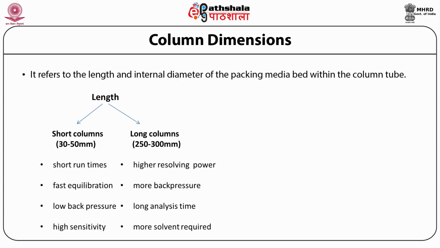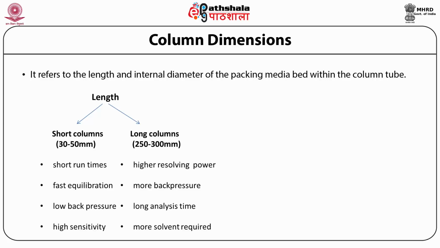Short columns have short run time, fast equilibration, show low back pressures and show high sensitivity. Conversely, the long columns have higher resolving power but offer more back pressure, have long analysis time and require more solvent.